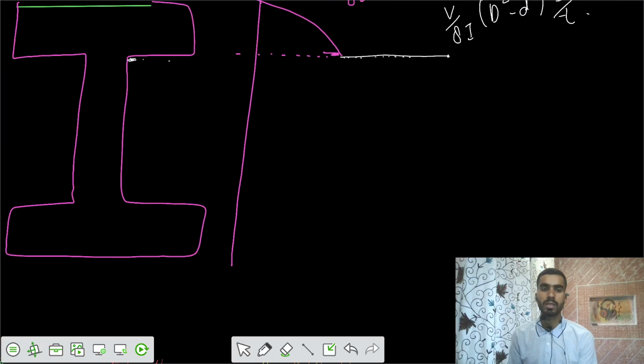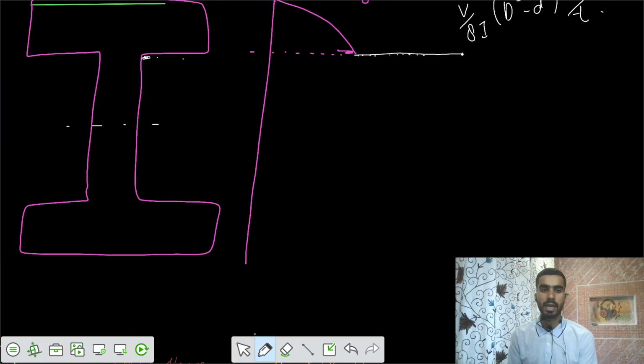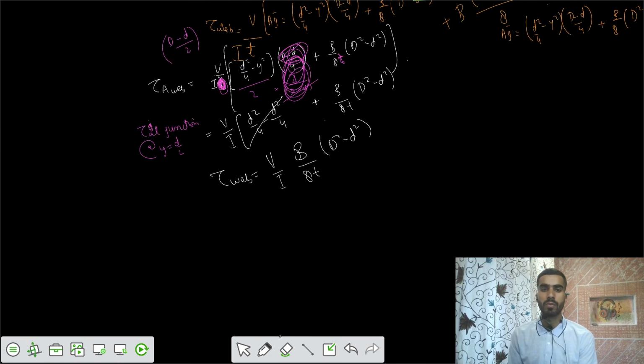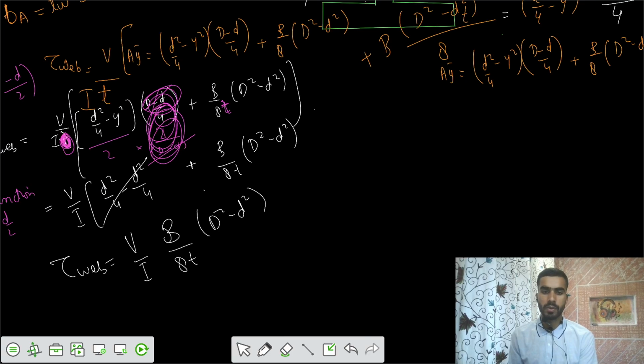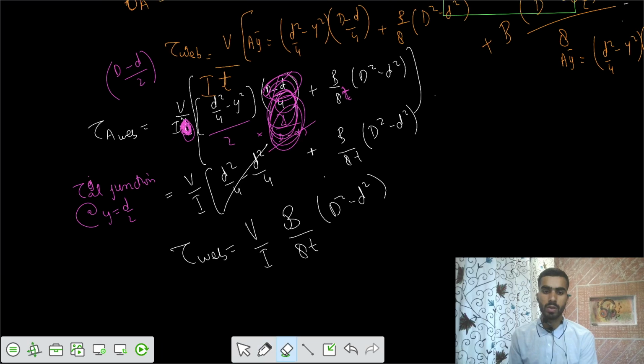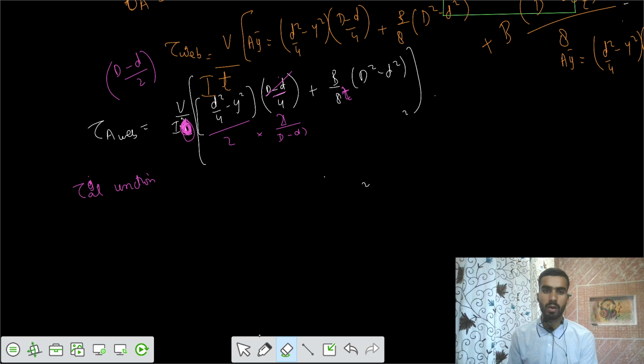Now we want to say what is the value of shear stress at the mid of the web, that is, at the neutral axis. That's at y equals 0. At y equals 0, if you substitute that in the equation, we would see the value.